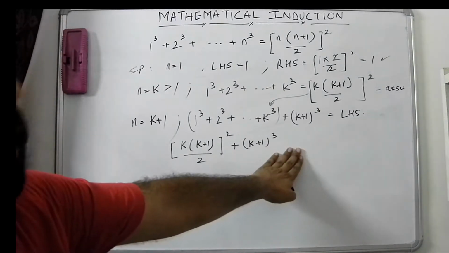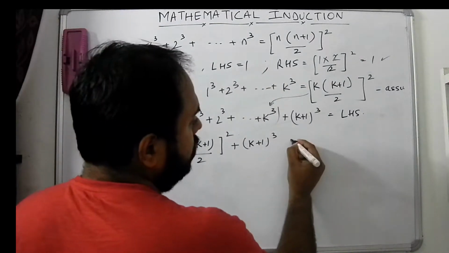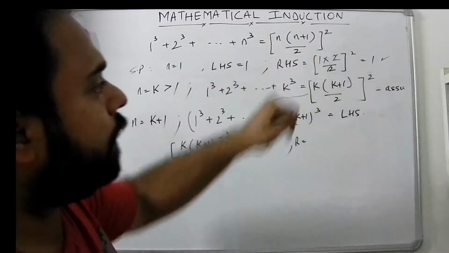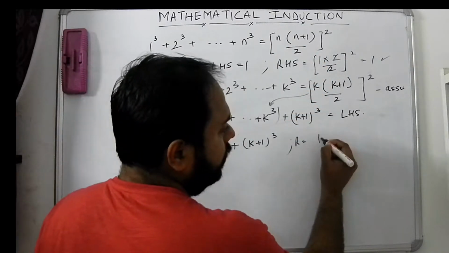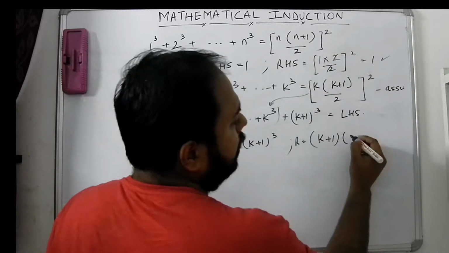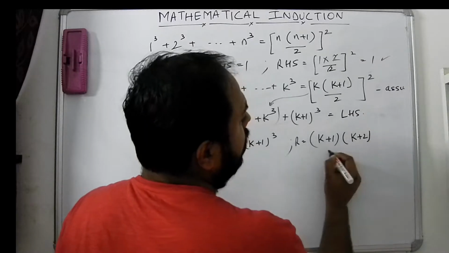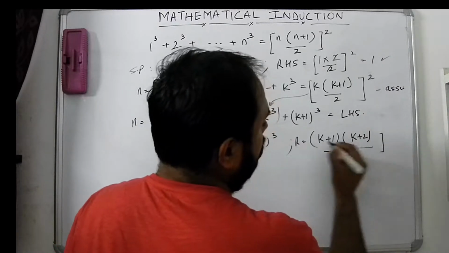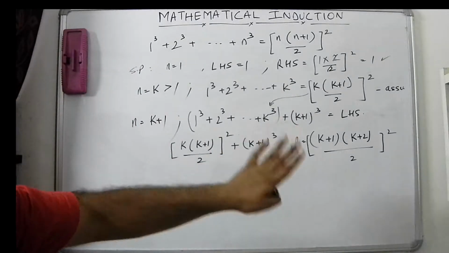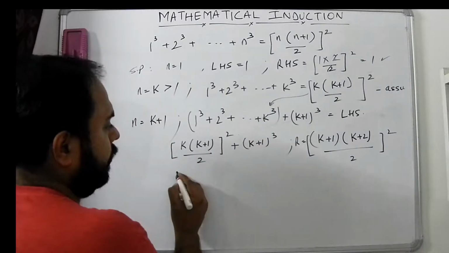Now this is the left hand side. Let's see what the right hand side is. When I put n is equal to k plus 1, I get (k plus 1) into (k plus 2) upon 2, whole square. One thing is there, I am able to see a 2 square here, so I know that I have to take an LCM, nothing else that I can do.